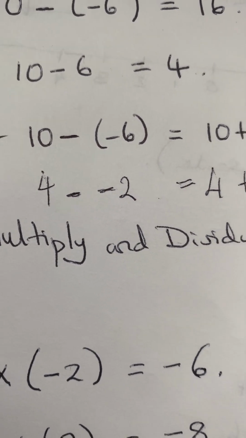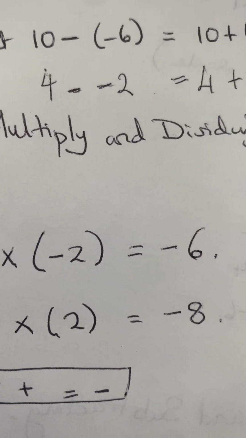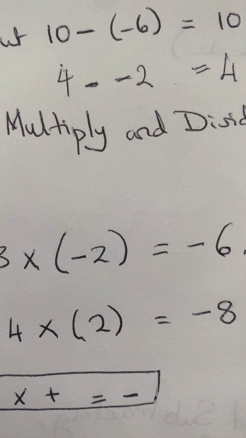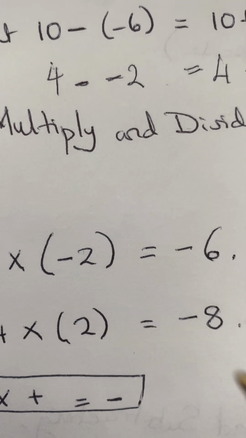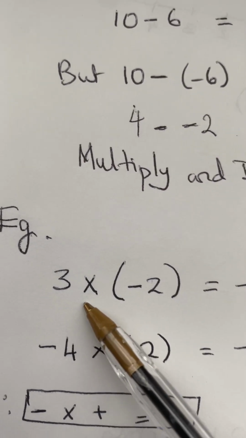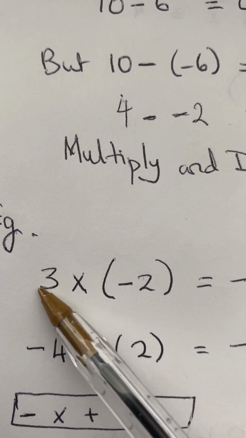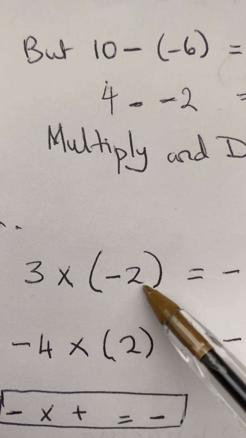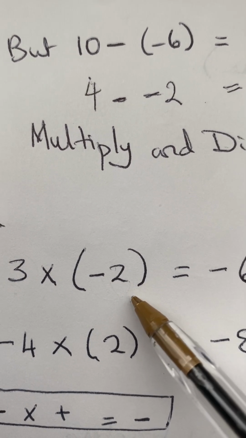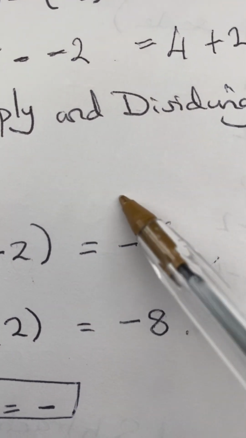Now, when we are multiplying, we know that 3 times 2 is 6. But what if one of the numbers is negative? Here, what it means is I have 3 people owing me £2. So now 3 people owe me £6.